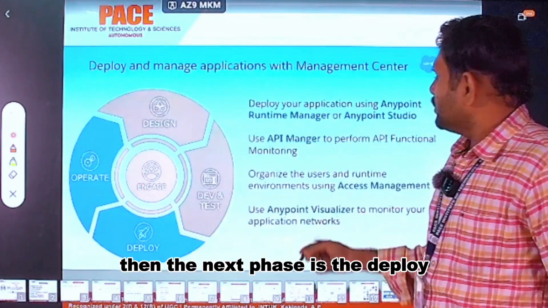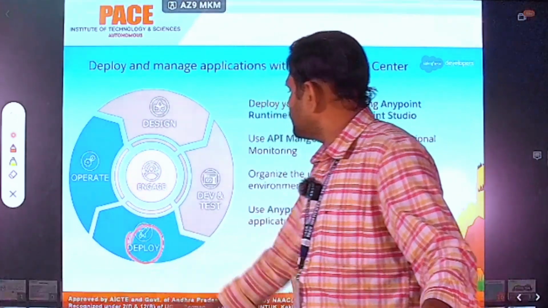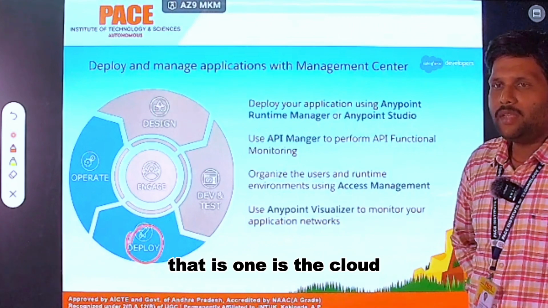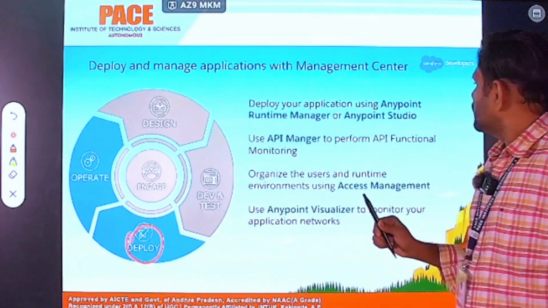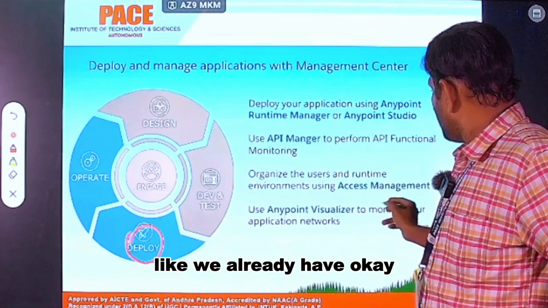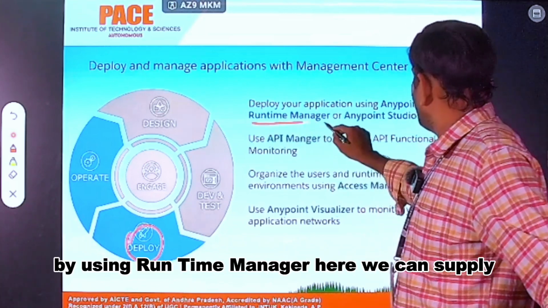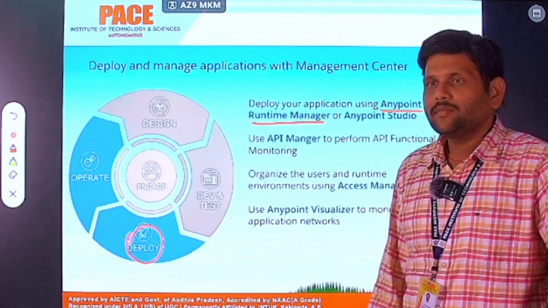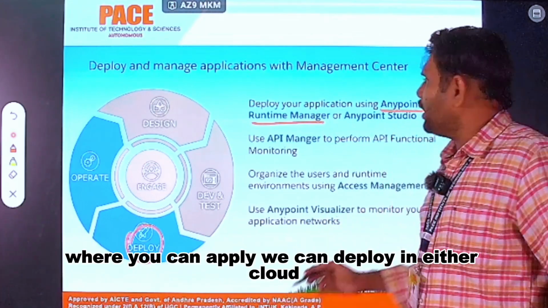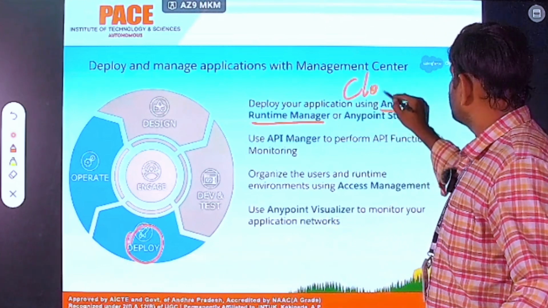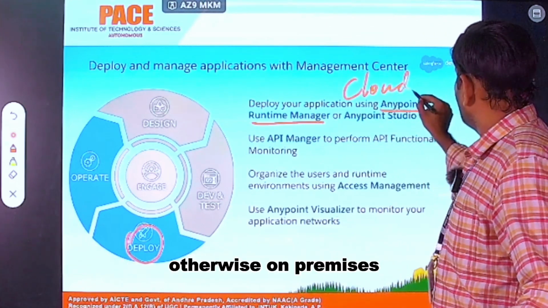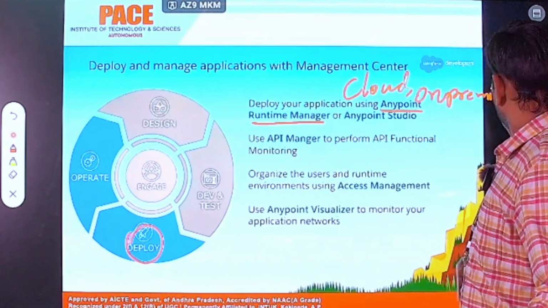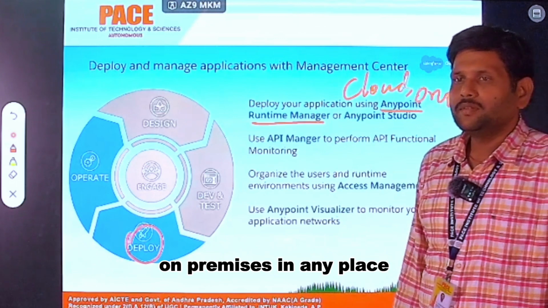Then the next phase is deploy. We can have different ways to deploy the APIs. By using Runtime Manager we can deploy either in the cloud or on premises, in any place.